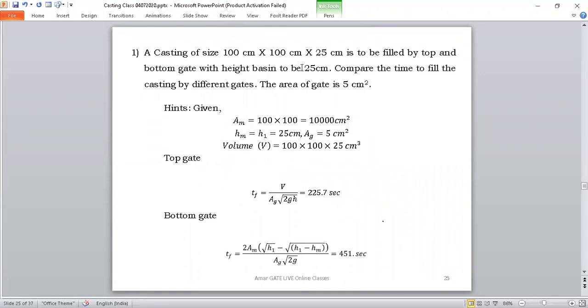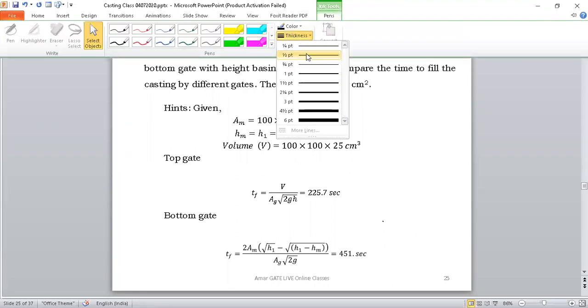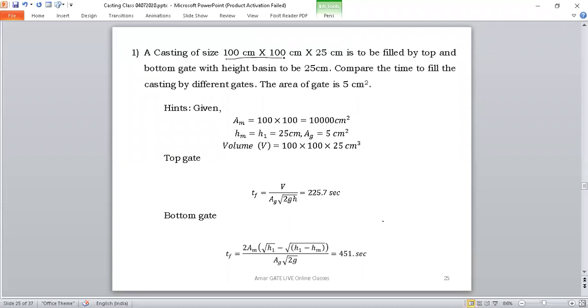A casting of this size, meaning the volume of the casting, is to be filled by top and bottom gate with pouring basin height 25 centimeters.